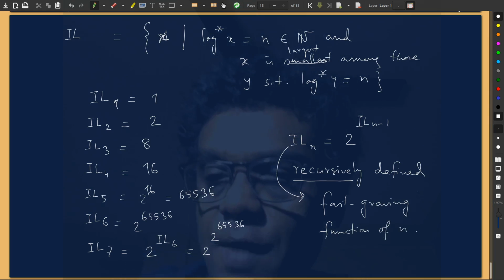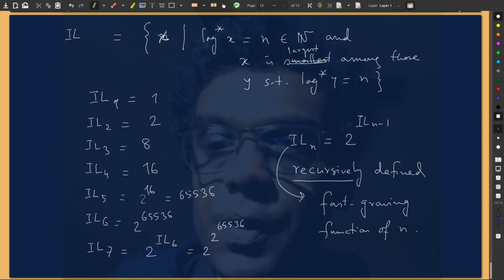But still it can be defined recursively, and therefore it is in a sense computable.